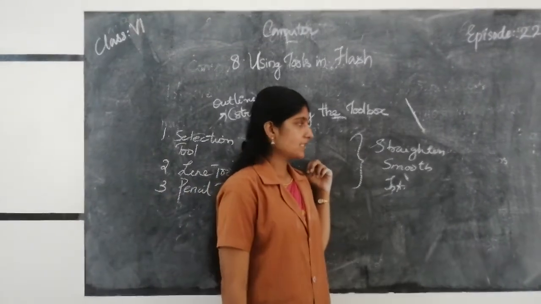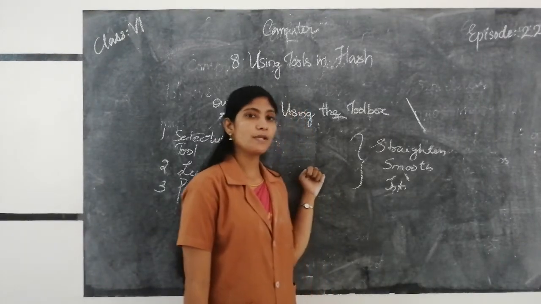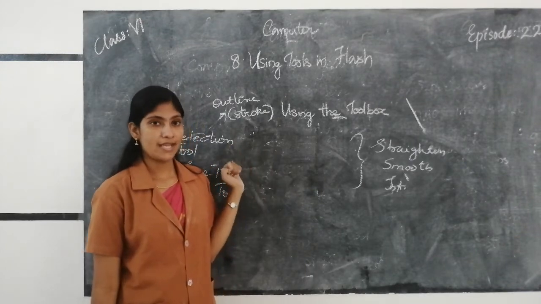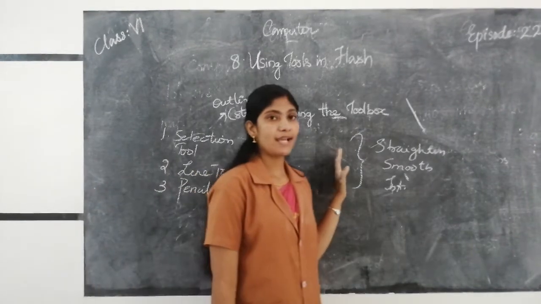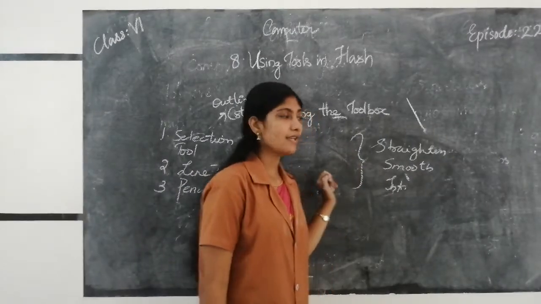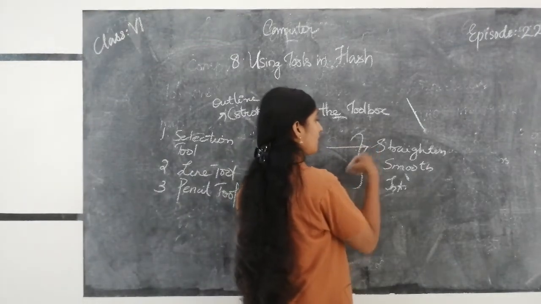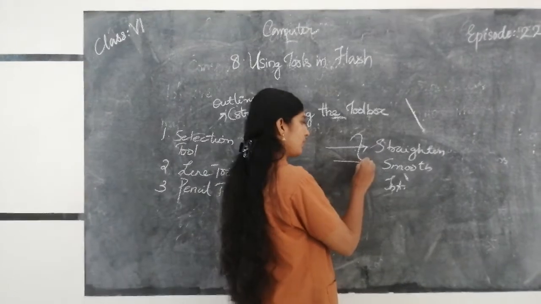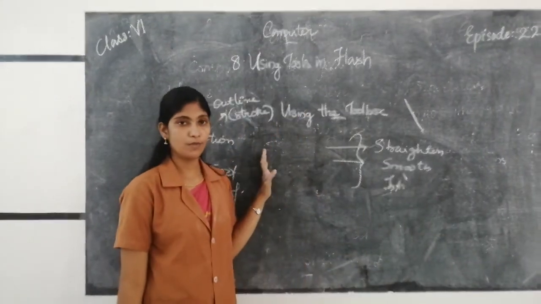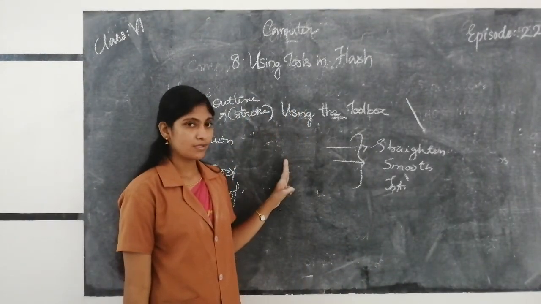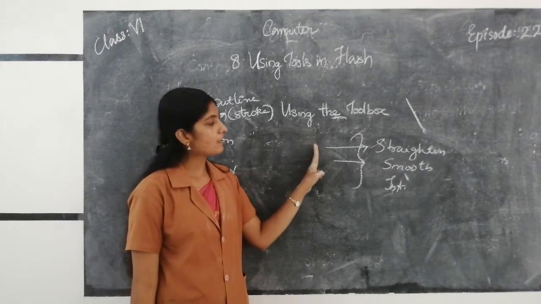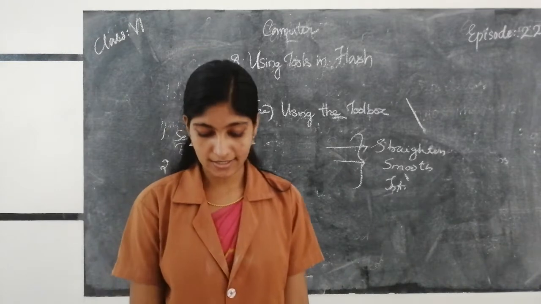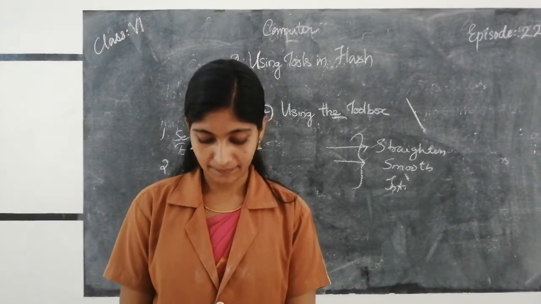The first one is straighten mode. Straighten mode means the lines you draw are straight. If you want to draw straight lines, choose the straighten mode. For smooth lines, choose smooth mode. Otherwise, there is ink mode. So for using the pencil tool, select one of the modes from the three choices: straighten, smooth, ink.